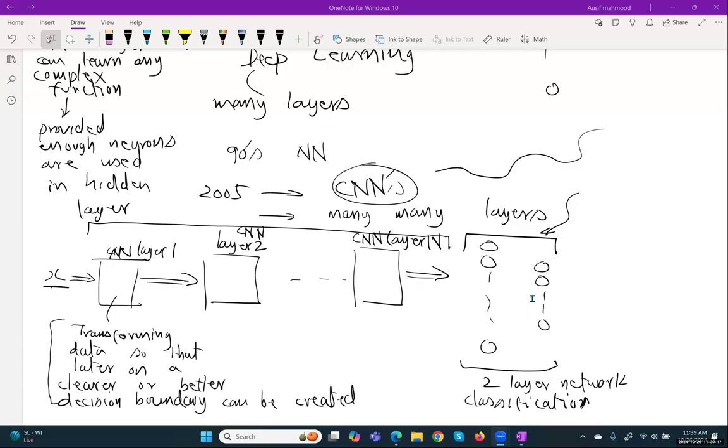Typically we use convolutional neural networks for classification problems, even though they can be used for other types of problems, and they perform very, very well on image data, okay? Not so on natural language processing data.